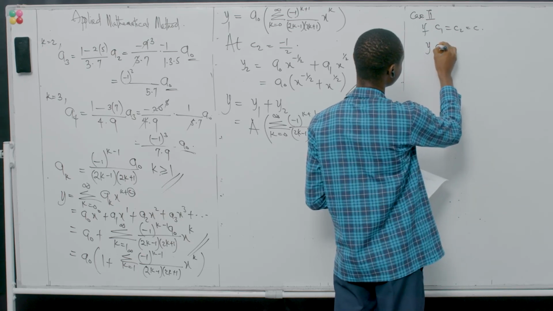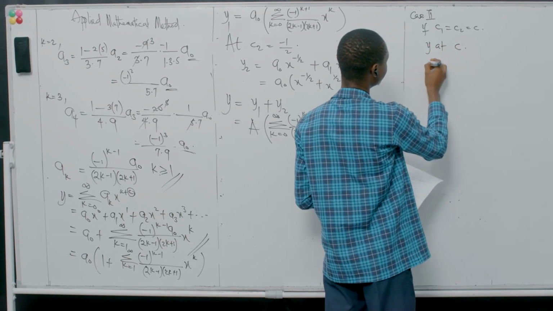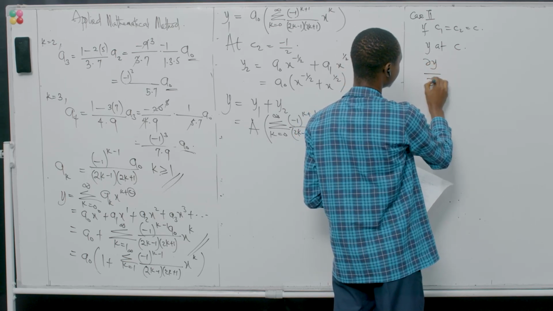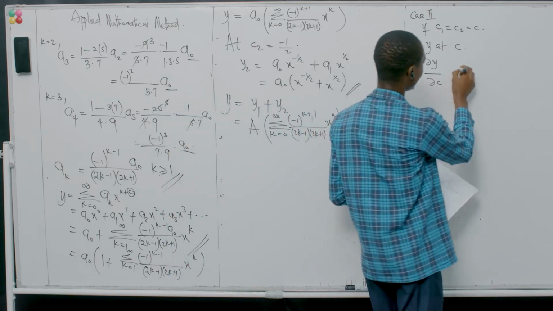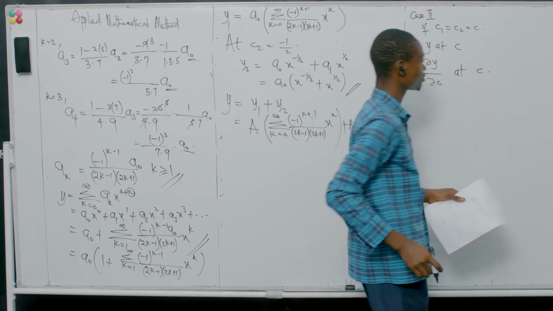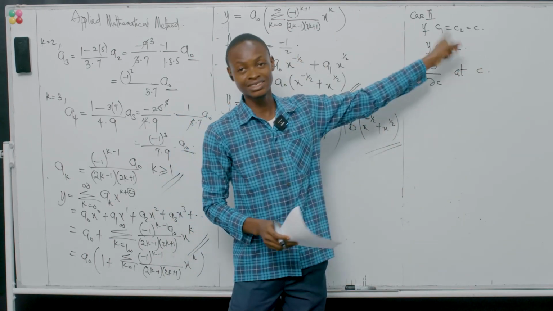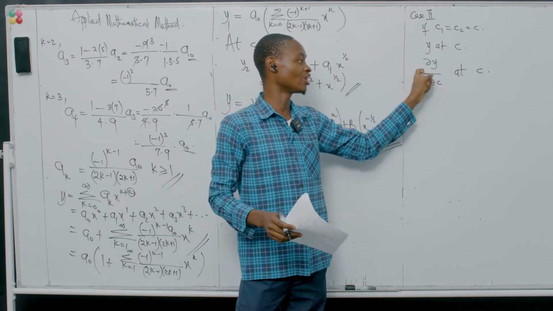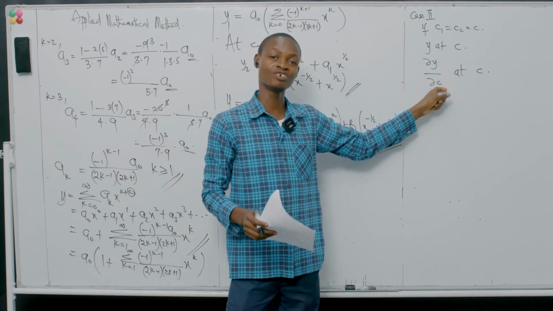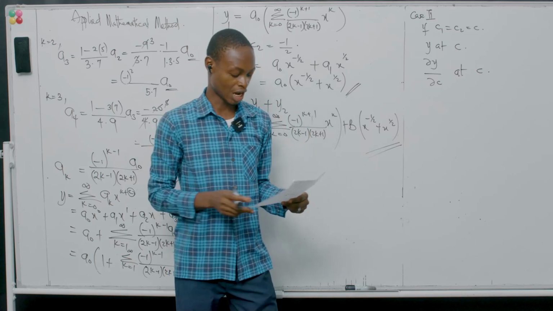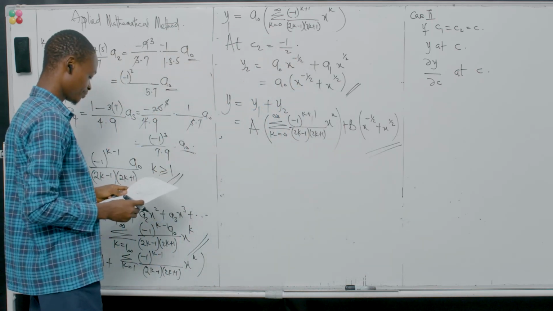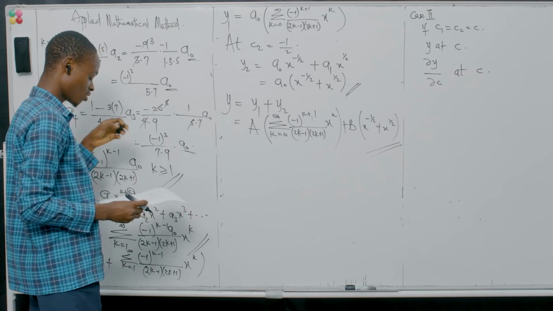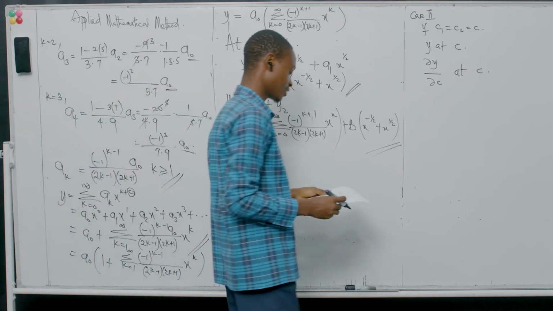So this one at C, we will now differentiate it to get del Y del C. And we'll now evaluate this one too at C. So we evaluate Y at C. We also evaluate del Y del C at C. That's partial differential at C. That is how we generate the two results. So how that one will work, we will now see exactly what we are saying.